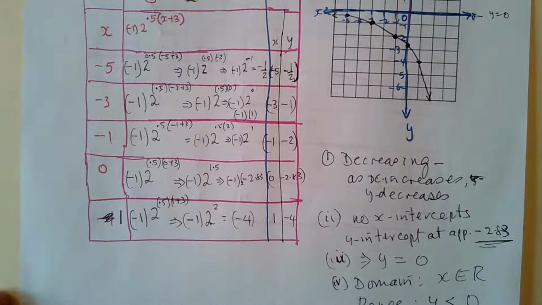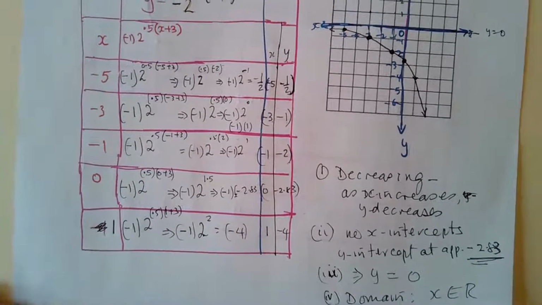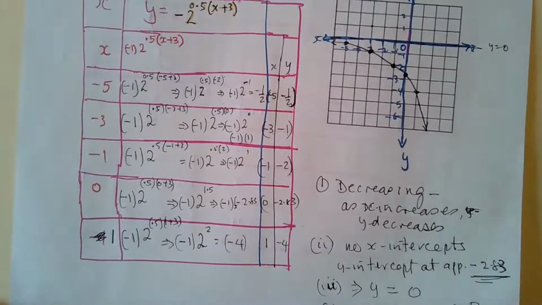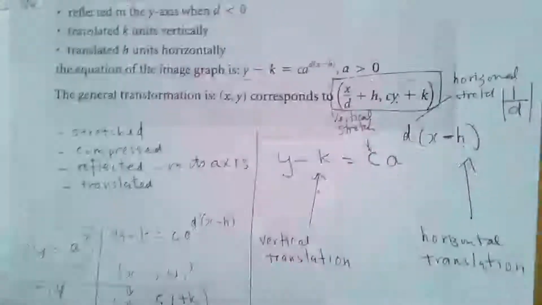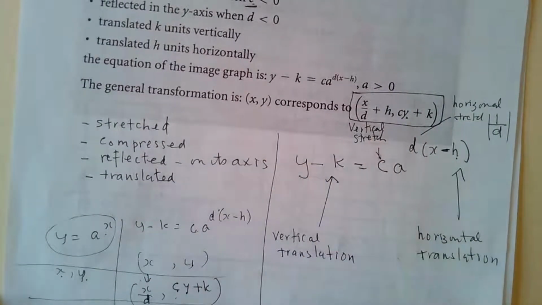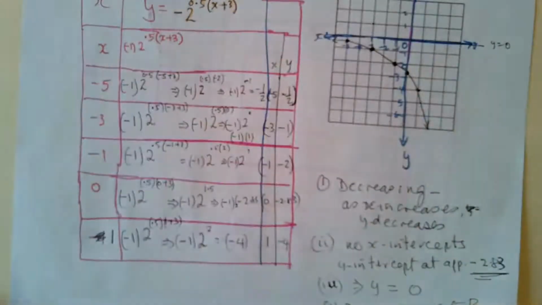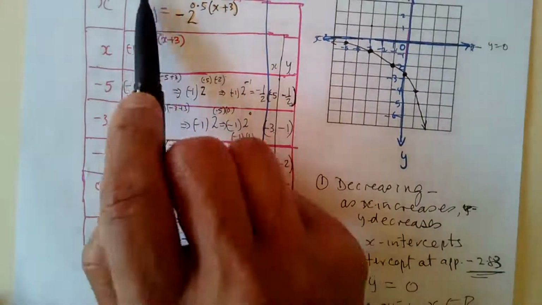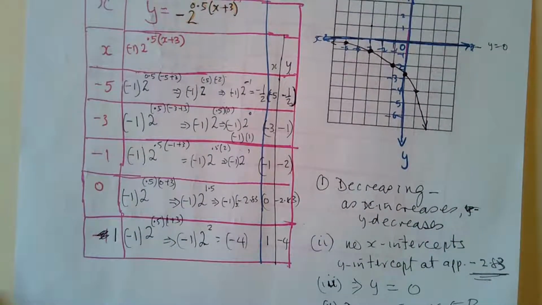So to recap, anytime you're asked to use transformation to sketch a graph, we could use our general transformation, or we can select any x values and then, using our given function, find the y values and sketch your graph.